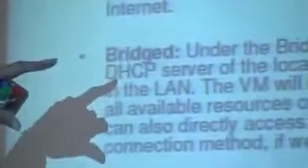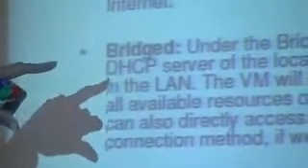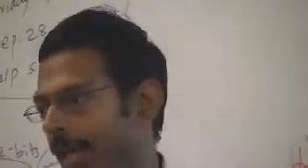A bridged option lets your virtual machine get a public IP address. Okay? So that can happen only if you run it on a public network like this, where there is possibility of getting a public IP address. If you run it on your home, on your personal computer, where your host machine itself gets a kind of private IP address from your Ethernet gateway, your virtual machine also gets only a private IP address. Okay?